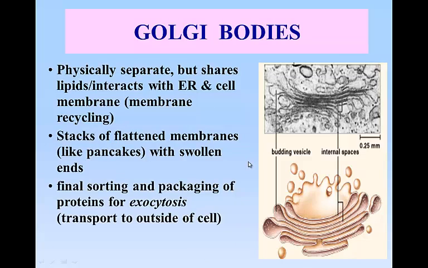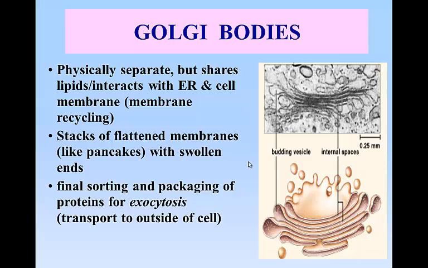Okay, here's a neat picture of another element in the endomembrane system called the Golgi body. The Golgi body is a series of membranes that are sort of stacked together like a stack of pancakes. They can interact.